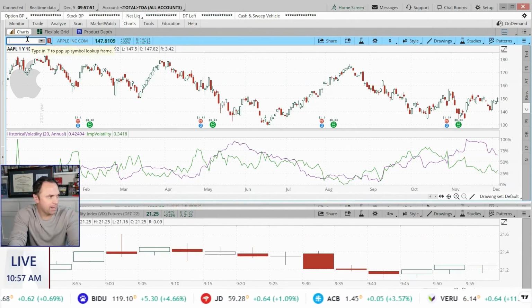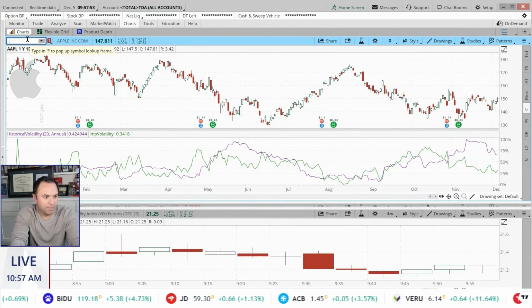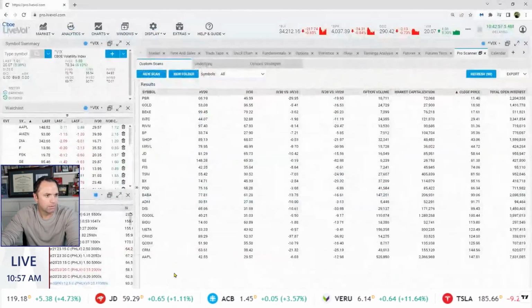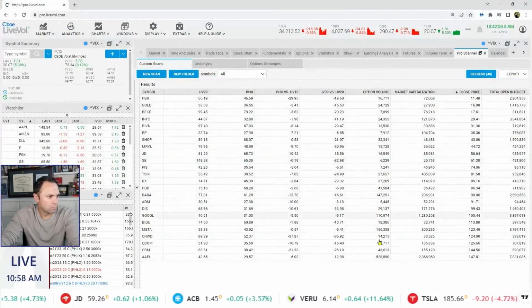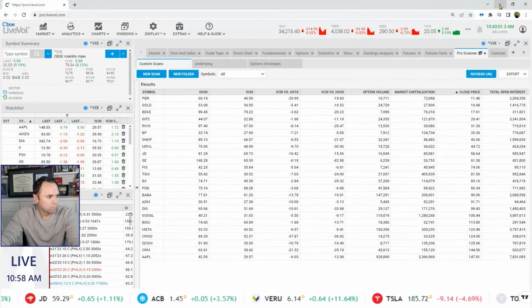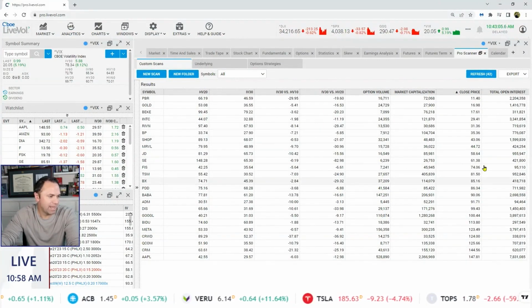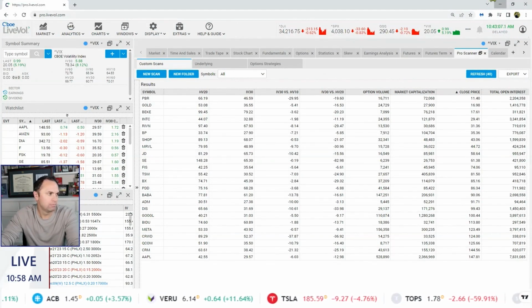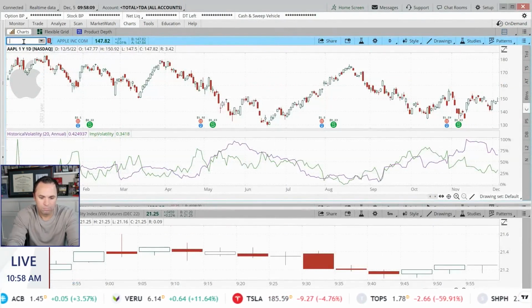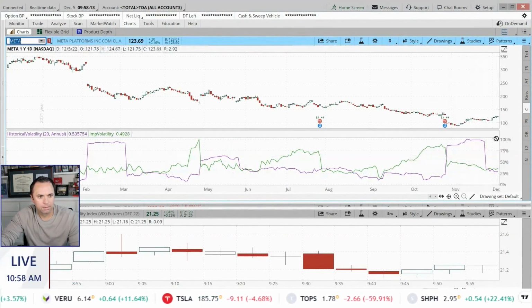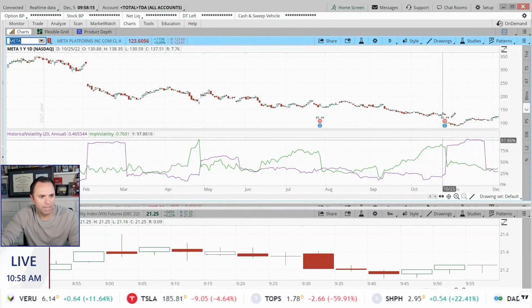Same thing in some of the other big names on my scan. They're begging you to buy options on Meta. Well, maybe not anymore. That is 28.